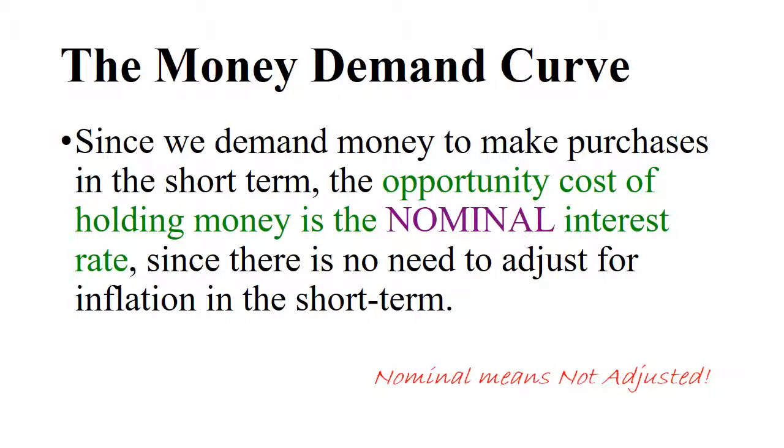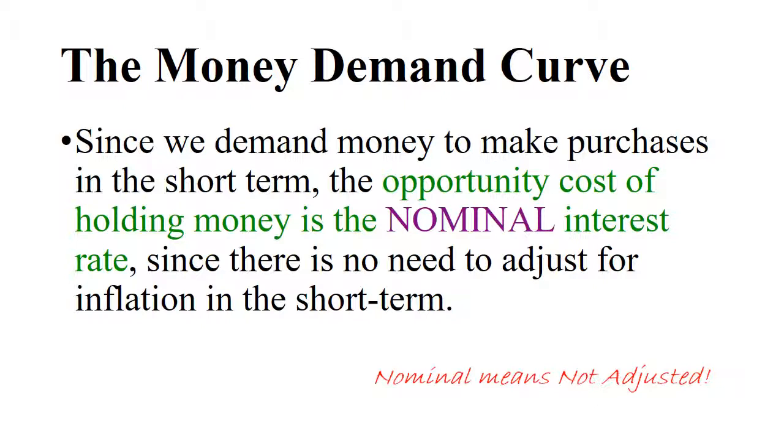Because money demand is all about short-term purchases and short-term decisions, the opportunity cost of holding money will be the nominal interest rate. Remember, we have nominal and we have real. Nominal means not adjusted, and real is adjusted for inflation. So in a number of years, yes, we will absolutely notice inflation.